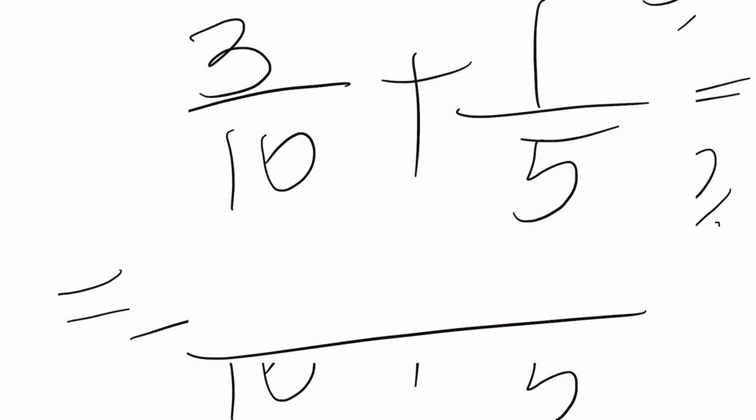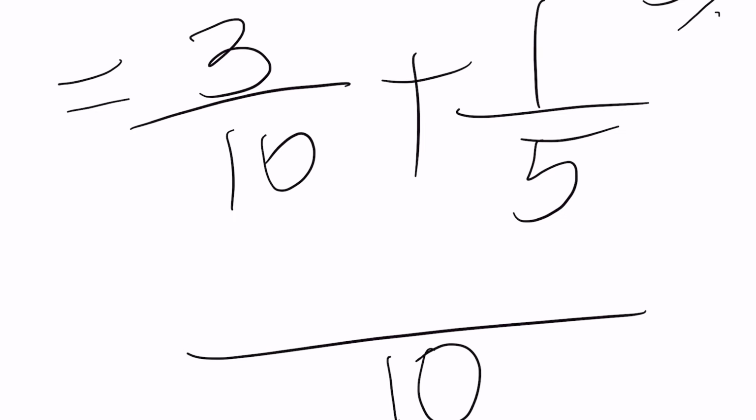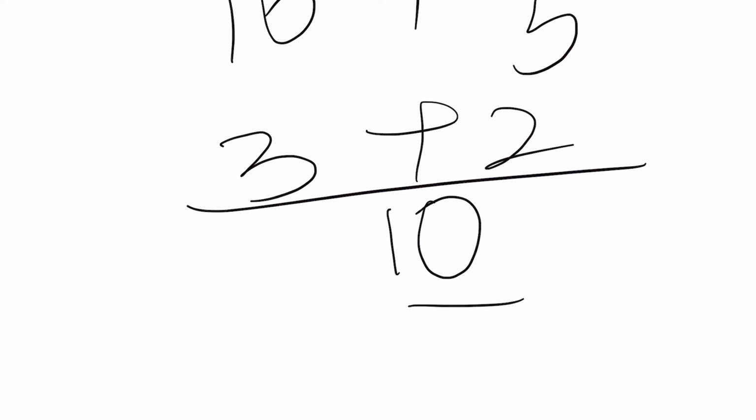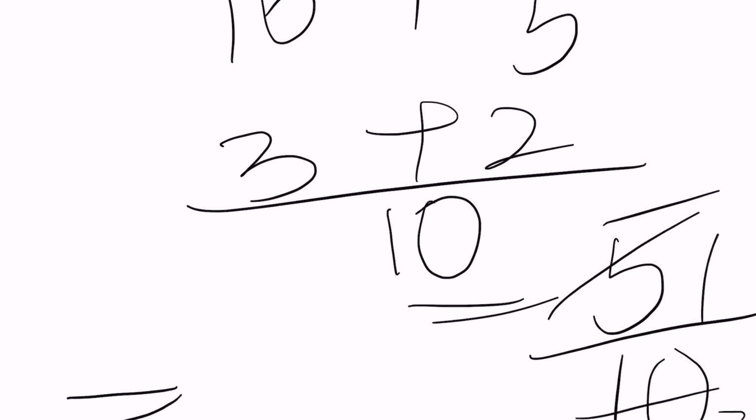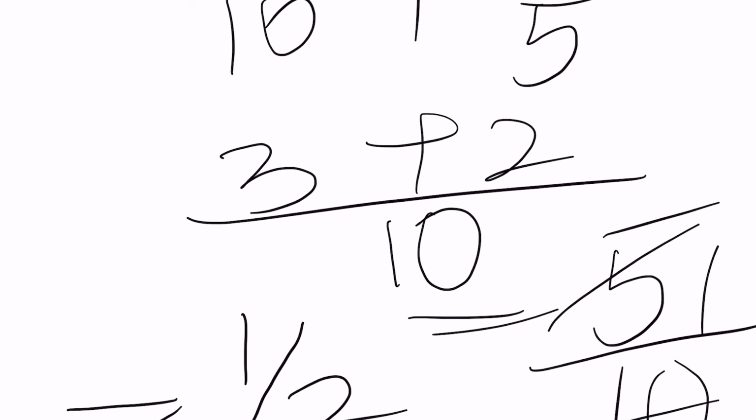So we have the denominator 10, we have 3, and this is 2, so we have 5/10. Then we have 1/2. So for either a factor of 18 or a multiple of 5, we have 1/2, which is 5/10, which is 1/2.